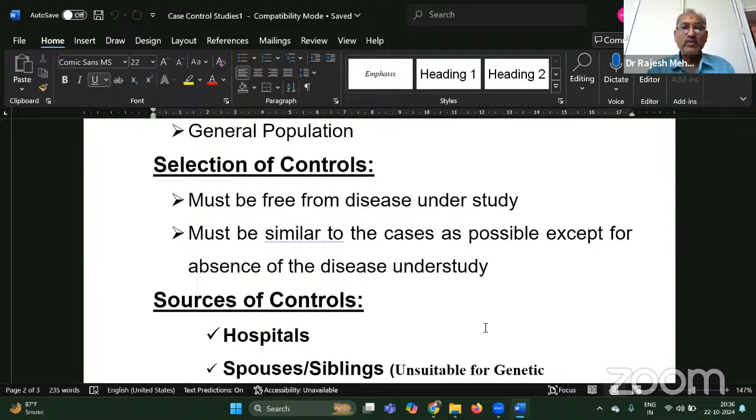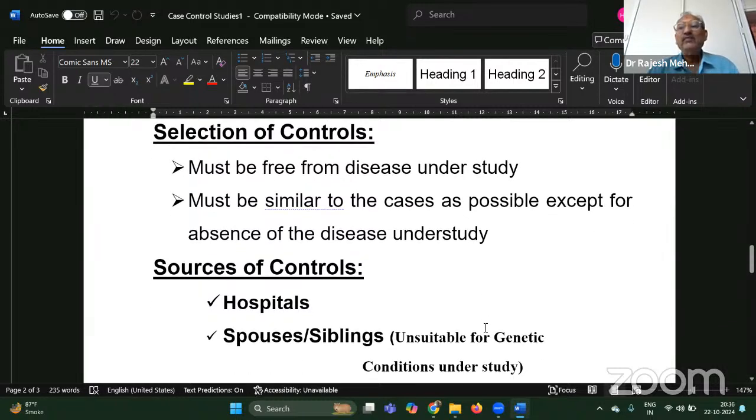You try to control the confounding variable. A confounding variable is one which is related to the outcome and also related to the input variable, the variable which can bring about the outcome.